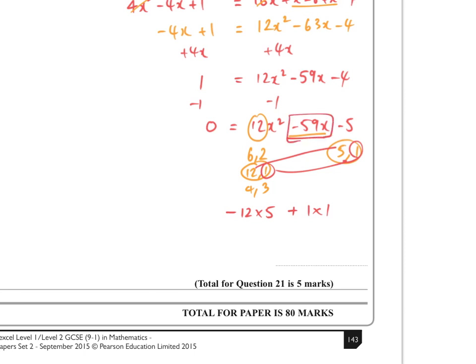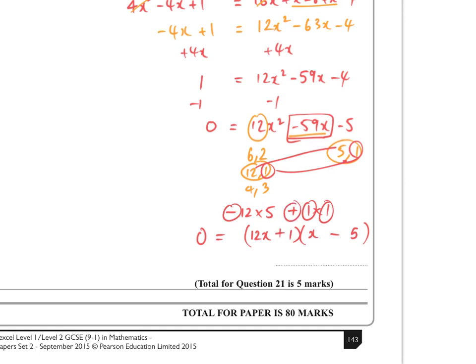So what I can do here is I can create my two brackets, and I can say a 12x here will go with a 5 negatively, and an x here will go with a 1 positively.